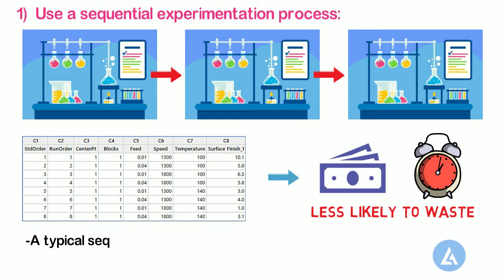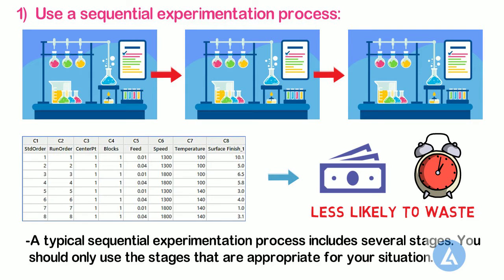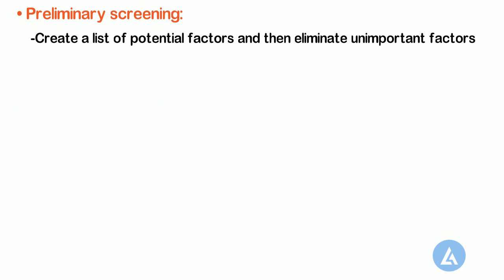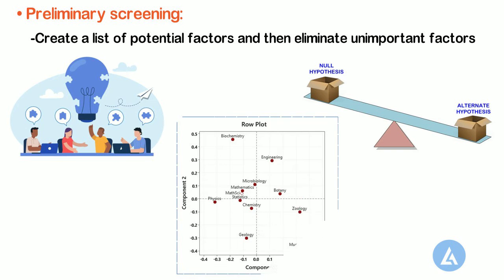A typical sequential experimentation process includes several stages. You should only use the stages that are appropriate for your situation. Typically, the stages include the following. Preliminary screening. Create a list of potential factors and then eliminate unimportant factors using brainstorming, hypothesis test, graphical analysis, or other tools.